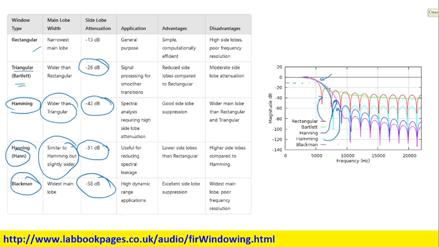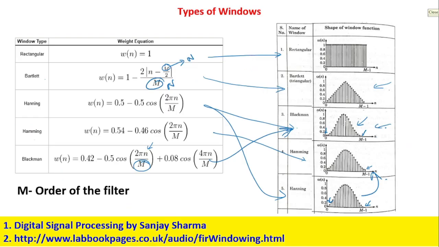The transition in the Blackman happens more gradually, and its ripples are quite low. On the other hand, the rectangular one has a very sharp transition, but its ripples are very high.